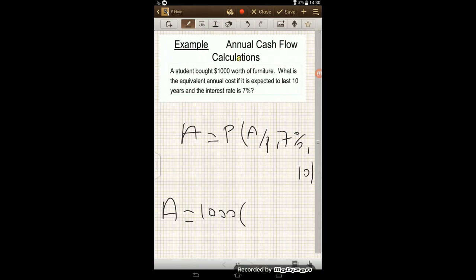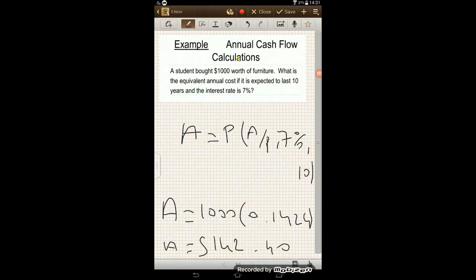When we look up our tables, we look at the capital recovery factor, find A given P, which is A over P, for 7% and 10 years. It is 0.1424. That means our A in dollars is gonna be $142.40.